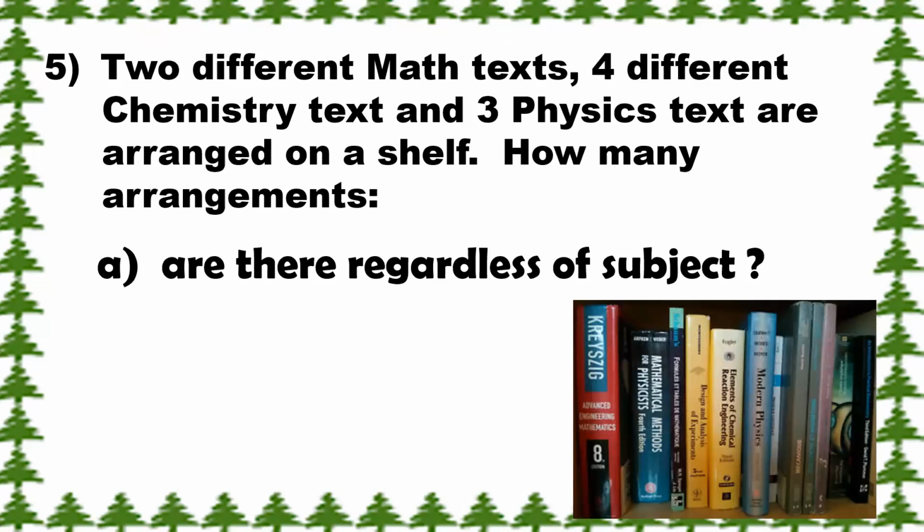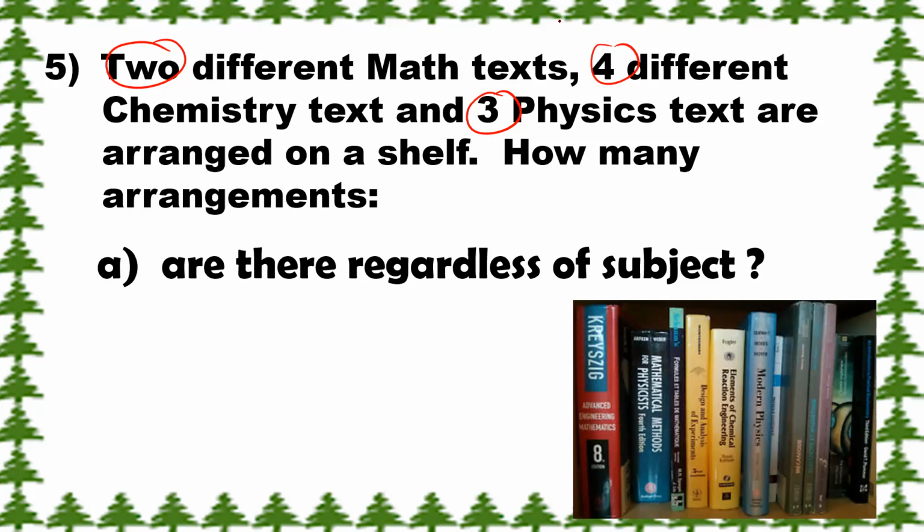Number 5, 2 different math texts, 4 different chemistry texts, and 3 physics texts are arranged on a shelf. How many arrangements are there regardless of the subject? So regardless of the subject, ang bilang natin sa kanila, i-add lang natin sila. 2 plus 4 plus 3.